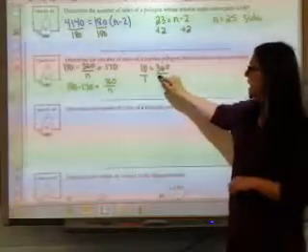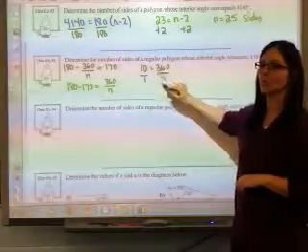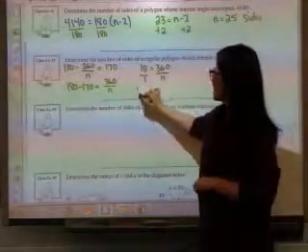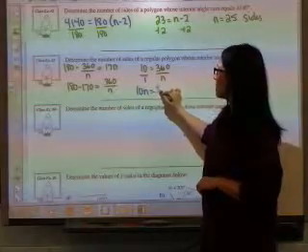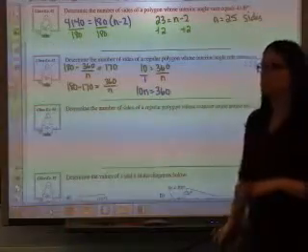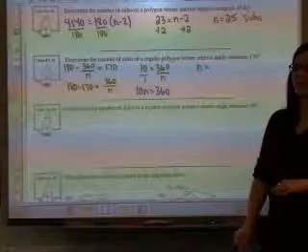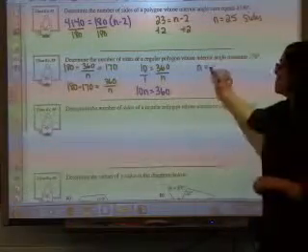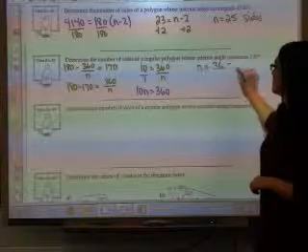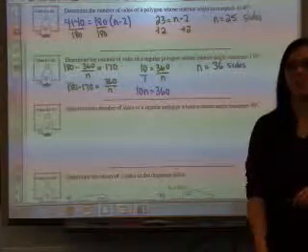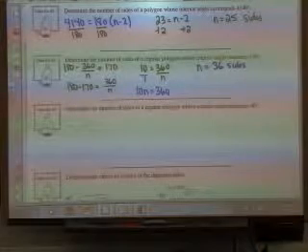To get rid of the n on the bottom, I have to multiply both sides by n, or I can look at it as cross multiplying. So I get 10 times n equals 360. Divide both sides by 10, and what does n equal? 36. So 36 sides. A 36-sided figure will have an interior angle of 170 degrees for each side.